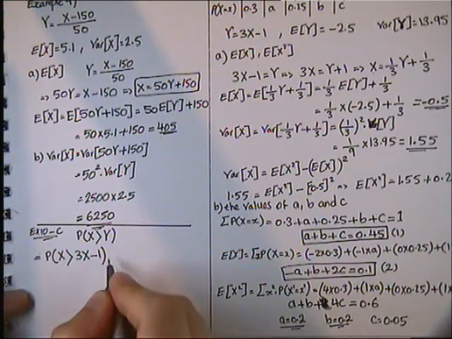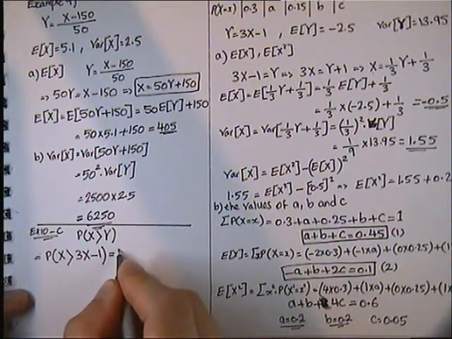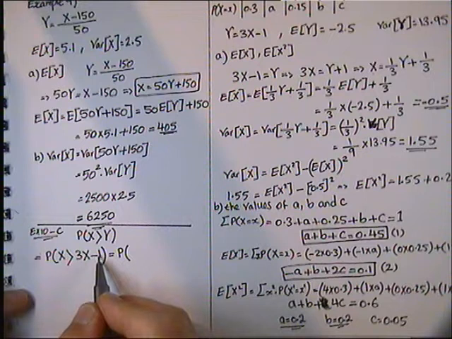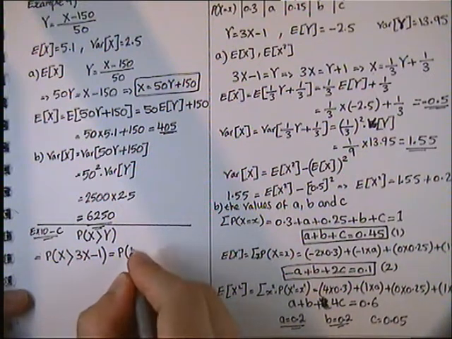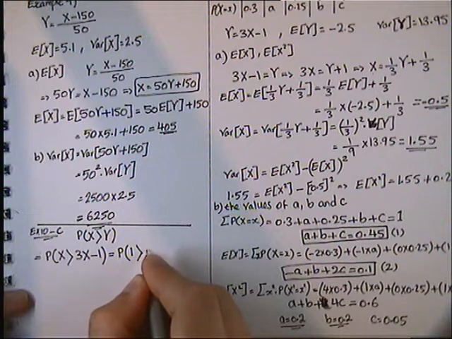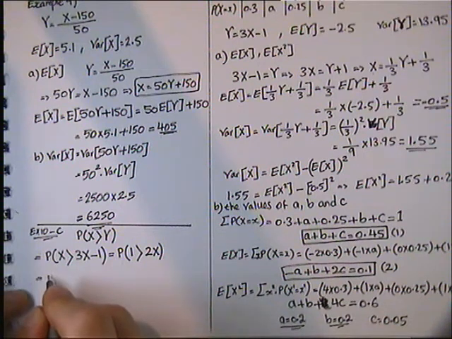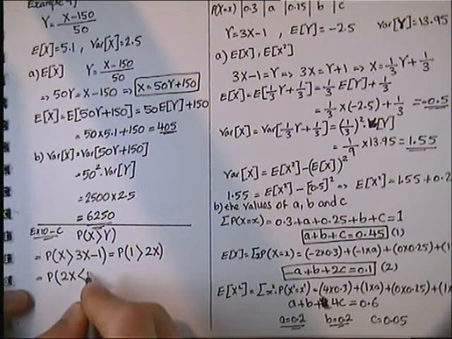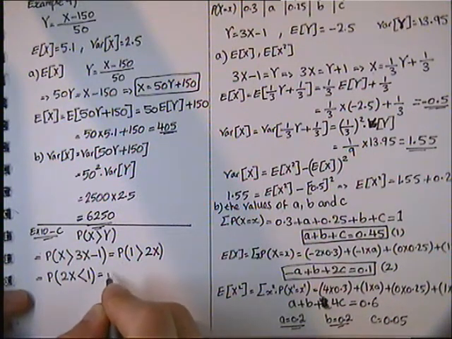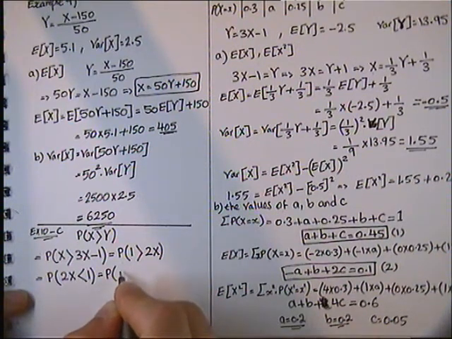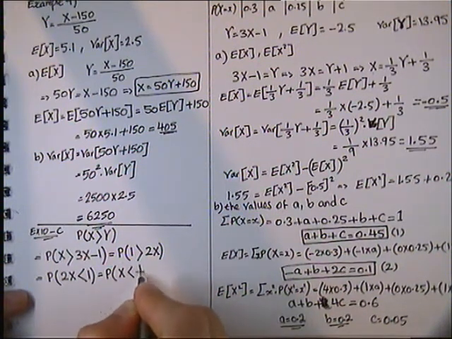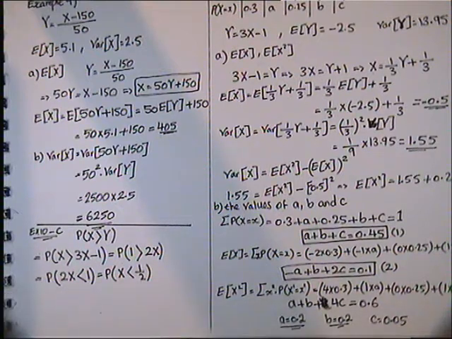If we take 1 to the other side and x to this side, it would be 1 greater than 2x, or probability of 2x is less than 1, which, dividing both sides by 2, gives probability of x is less than half.